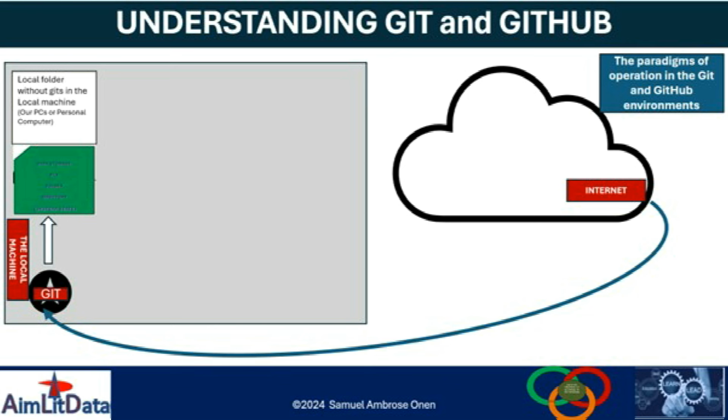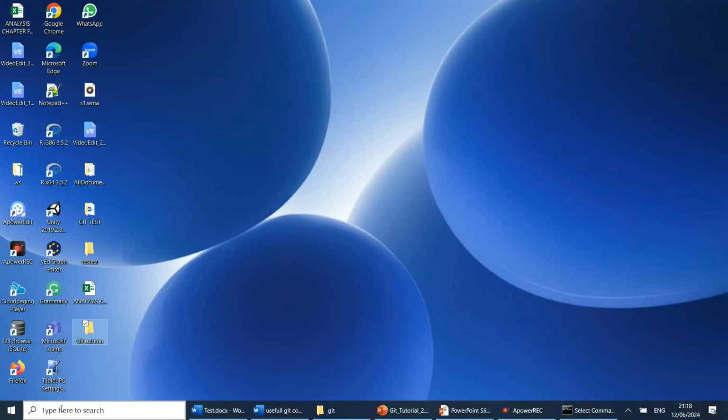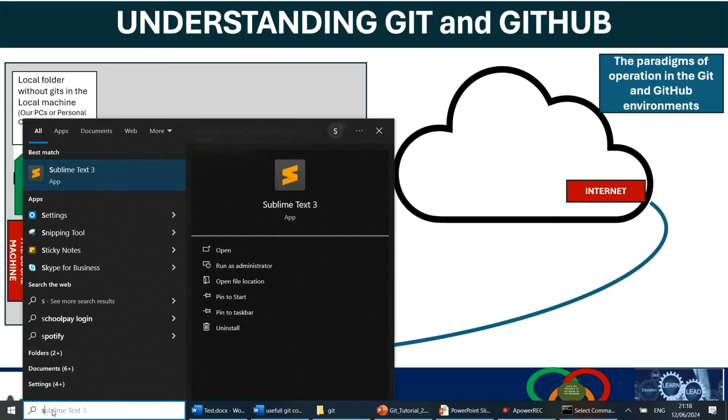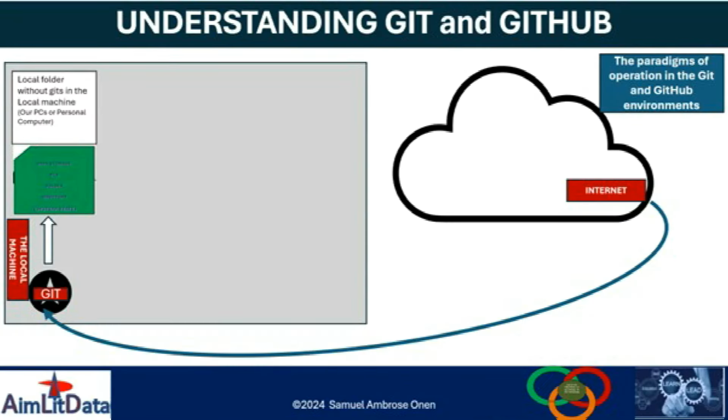Let us start programming now. We are going to start programming now. Let me open my Sublime. I was trying to show something on the image so that it can vibrate.